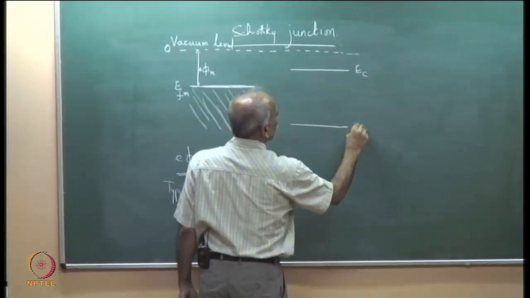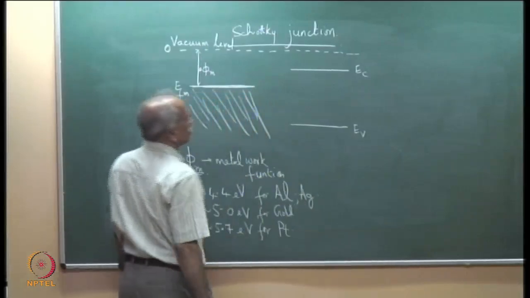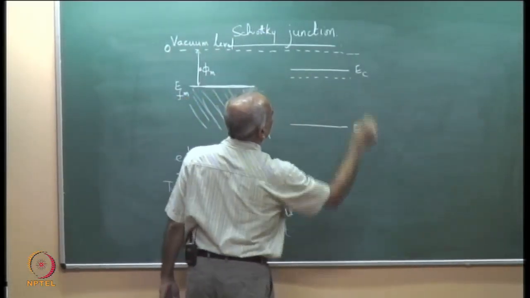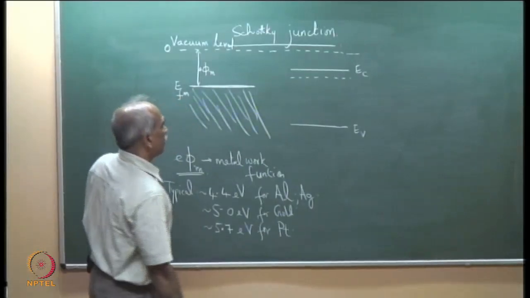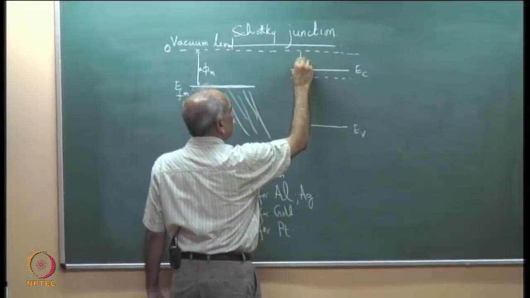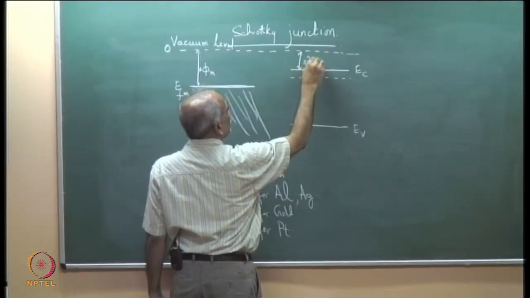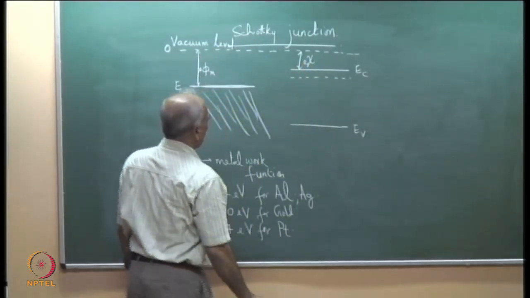EC, EV, and EF somewhere. If it is n-doped, then EF is here, and this energy is called the electron affinity, E chi.